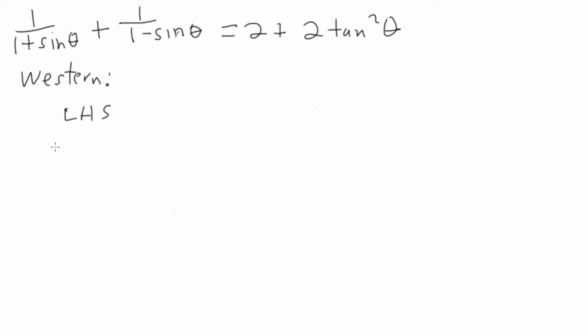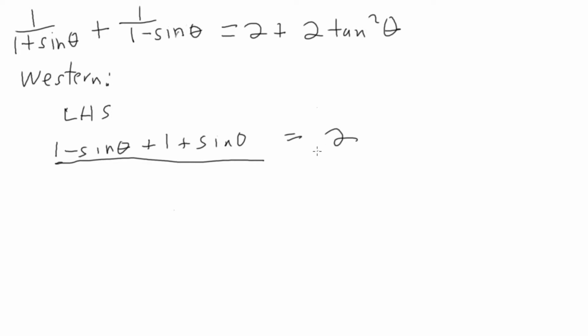So if we cross multiply, we'll have a numerator like this: 1 minus sine theta times 1 going up to the left, and then 1 plus sine theta times 1 going up to the right. And that numerator would simplify, the signs cancel out, and we just have 2 in the numerator. Now in the denominator, it's going to be one of those a plus b times a minus b cases where you have the result a squared minus b squared.